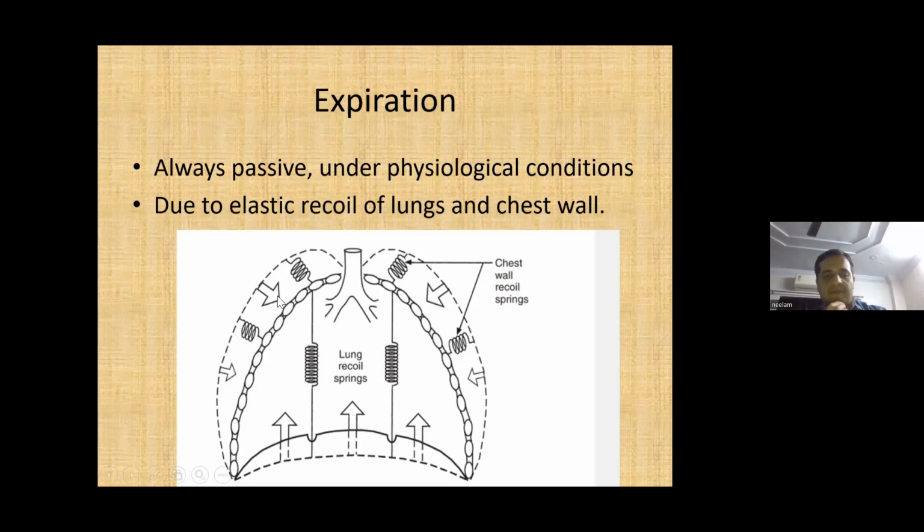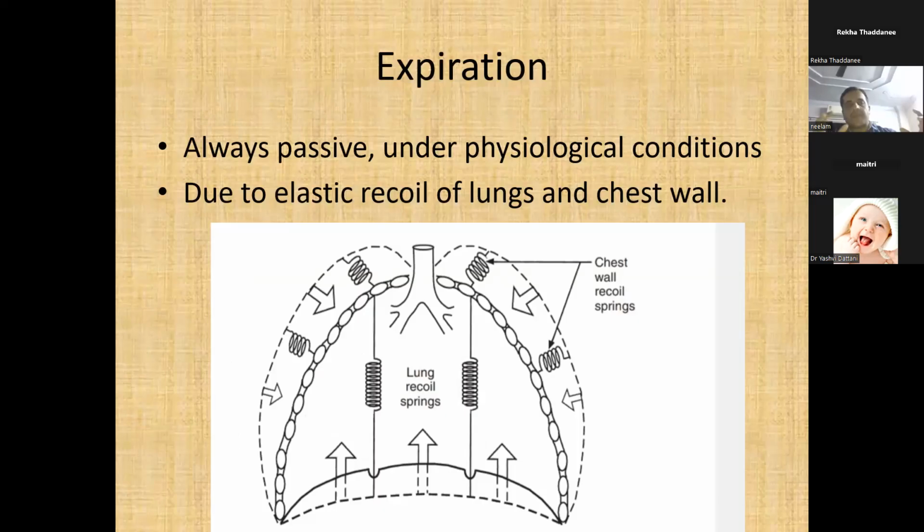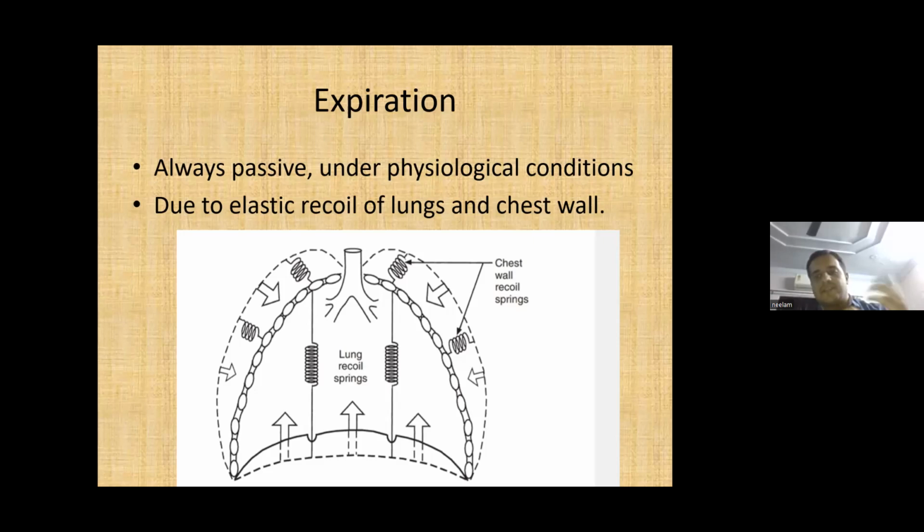Whenever the chest wall expands, it has a tendency to come back to its normal. Because of this tendency, the volume decreases. As the volume decreases, the pressure inside the lungs will increase. As the pressure inside the lung increases above the atmospheric pressure, the gas will go out from the lungs to the atmosphere. Okay, so this is how a normal expiration happens.